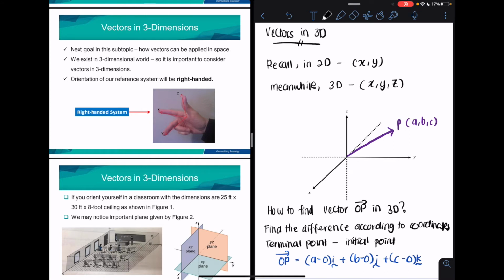In this case, obviously, since we are talking about position vector, our initial point will always be the origin. Meanwhile, in this case, our point P consists of A, B, C coordinates. Therefore, in order to form the position vector, we will find the difference according to each coordinate, and then that will be the vector of position vector OP.